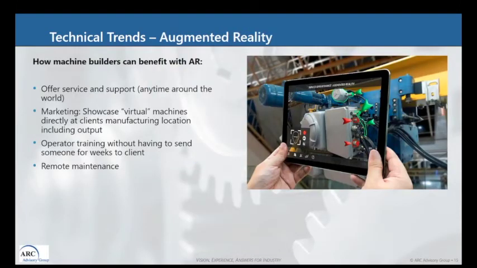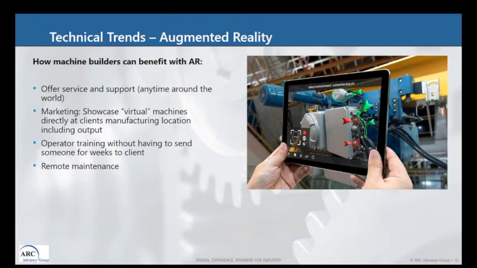One of the most showcased trends I've seen at different trade shows was augmented reality solutions. In most cases, augmented reality is used to offer service and support around the world at any time.